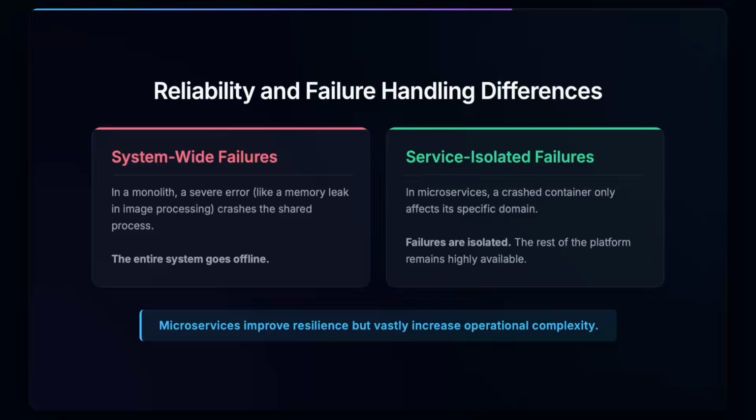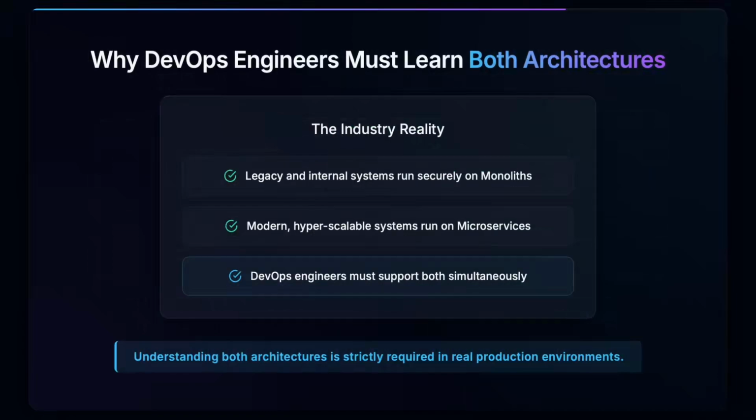And even if a container is crashed, let's say the order module is crashed, we have other modules which are performing well, so we can fix that particular order module only, and we don't have to take care of other modules. So in this way, failures are isolated in microservice architecture, right? And in monolith, if one goes down, then the entire application goes down, but this is not the case for microservices.